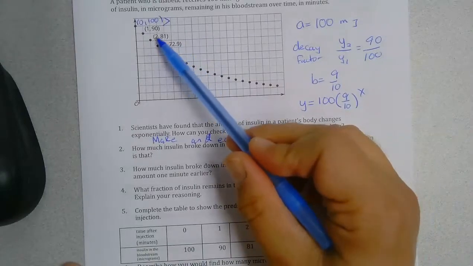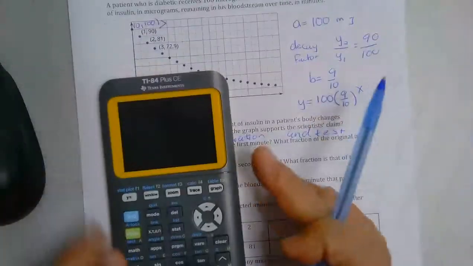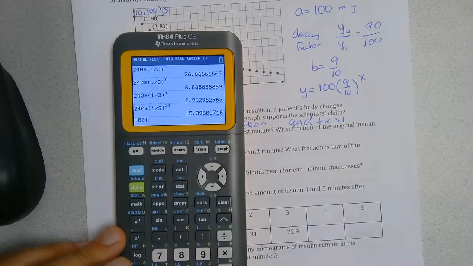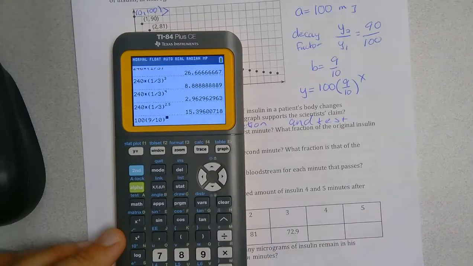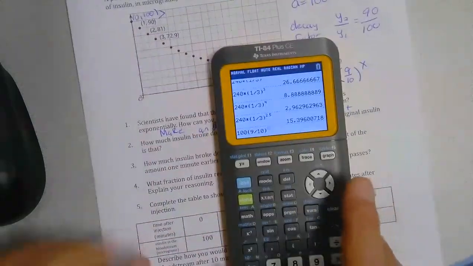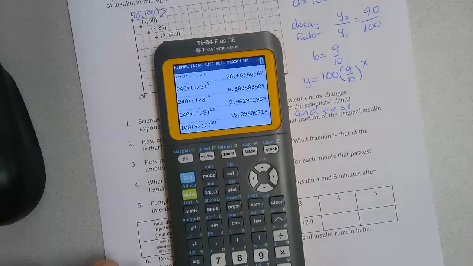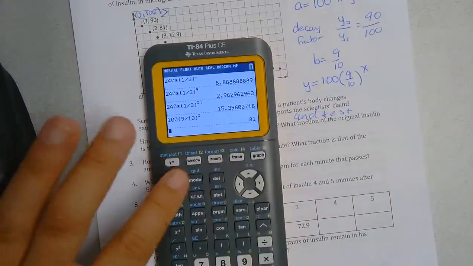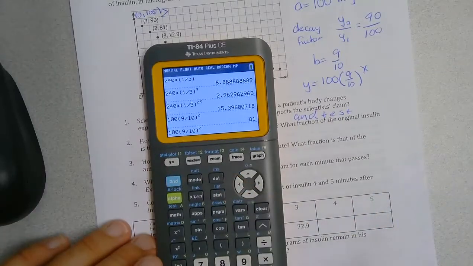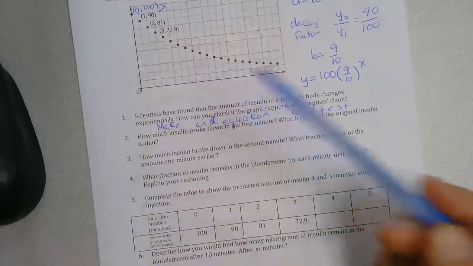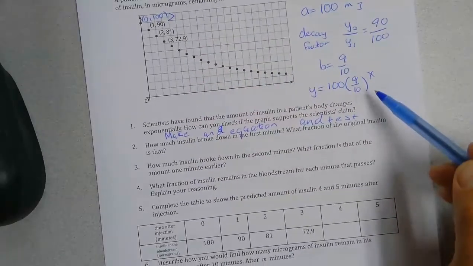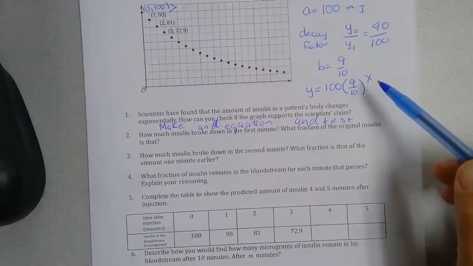I'm going to check, does that work for 2 minutes and 3 minutes? In my calculator, I would go 100 times, in parentheses, 9 divided by 10, close the parentheses and raise that to the second power, and we get 81. Now I'll check the third minute too, so I can hit second entry and go to the third power, and we get 72.9. So our equation is correct.